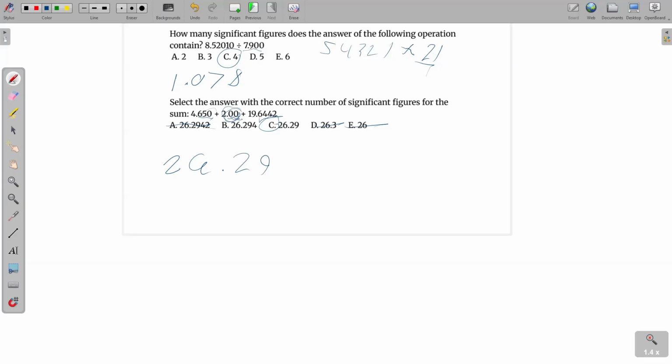But certainly when you're doing calculations or unit conversions, that's something you're going to probably do early on in Chem 1. Again, you're going to be multiplying or adding or subtracting, right? Anything like that.